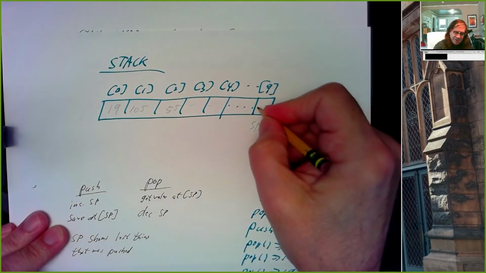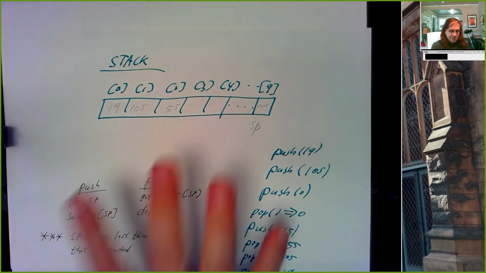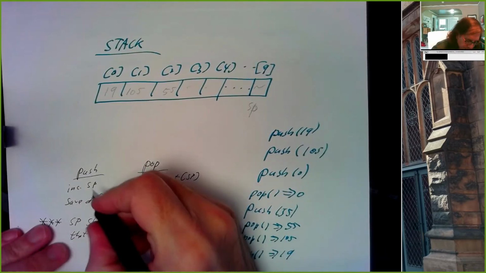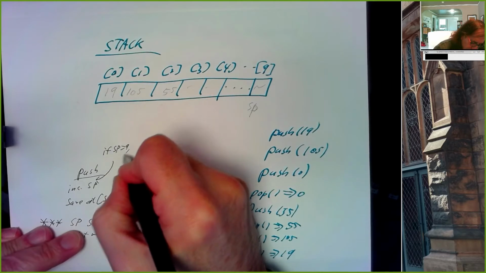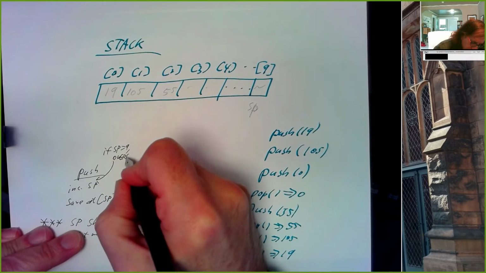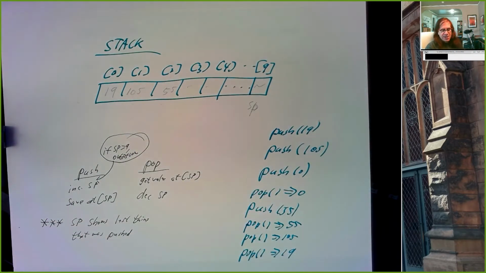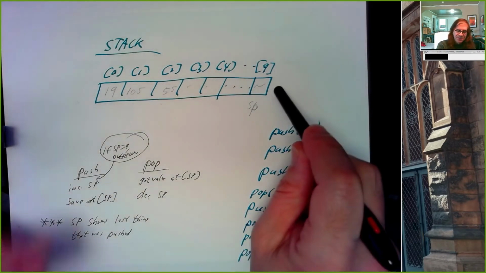And we would save some value in that location. So for this particular implementation, we would want to do the following. If we're about to do a push and the stack pointer is already equal to 9, that's an overflow. Because what we're trying to do is increment it to 10 and then store something at element 10, and there is no element 10.